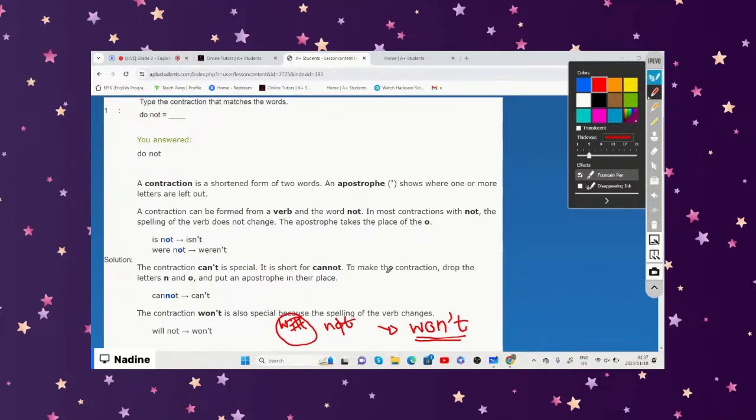Usually when we have contractions with the verb and the word not, the verb stays the same. But in this case, the verb had changed, and that makes it quite special.